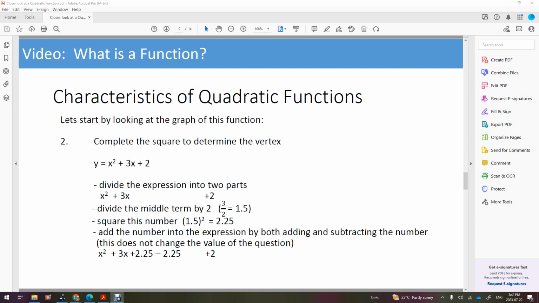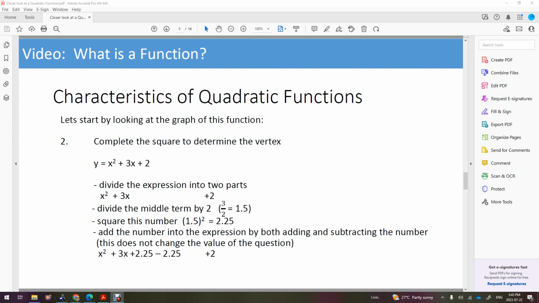So here we're going to complete the square to determine the vertex. To do that, we take the equation y equals x squared plus 3x plus 2. We divide this expression into two parts, the first two terms and the last term.